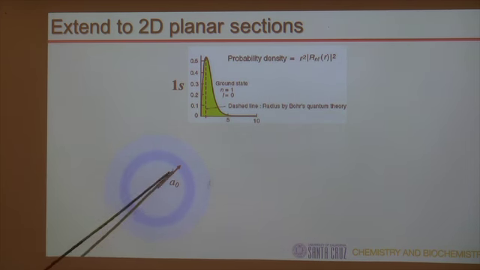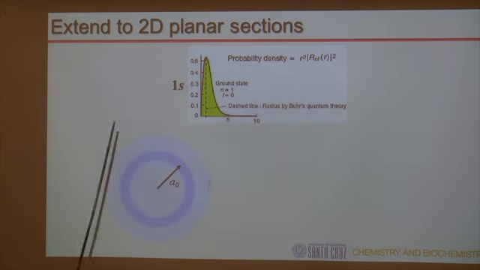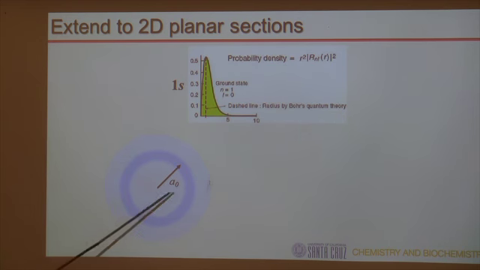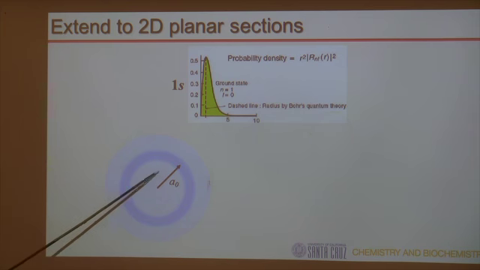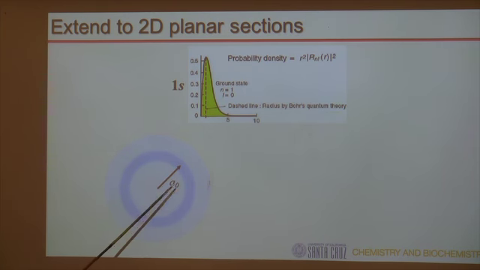The different darkness of the color represents the probability. If it's darker, the probability is higher. So we see a blurred peak, or a ring, in this figure. If you measure the distance, it gives you a0, exactly the Bohr radius.